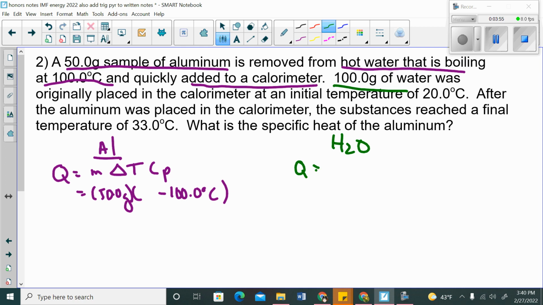So let's see what we have for water. All right, 100 grams, originally placed in the calorimeter at an initial temperature of 20 degrees Celsius.